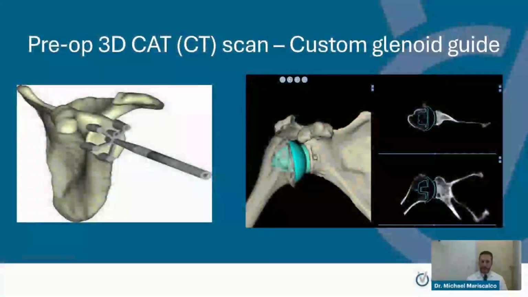And so again, it's very useful in deformity cases because at the time of surgery, it can be technically challenging to truly identify the center. And so relying on preoperative CT imaging has been very beneficial and improved overall accuracy and patient outcome. Next slide, please.